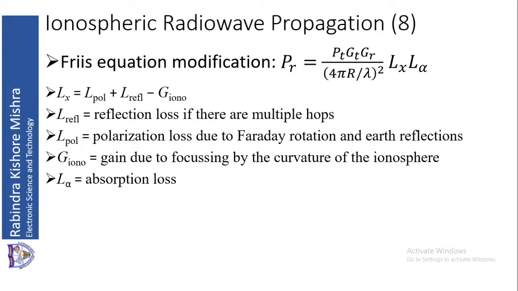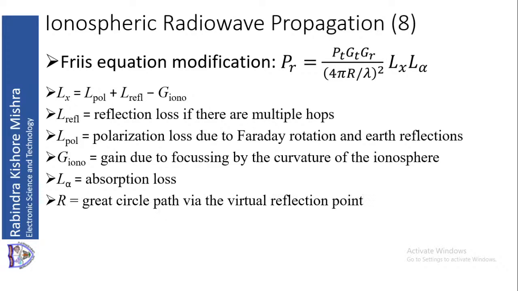So that is the gain due to this reflection. Then La is absorption loss, the absorption in the ionospheric layers. Since electrons and other gases are present, they will absorb some amount of electromagnetic energy, so the loss due to that absorption is absorption loss.